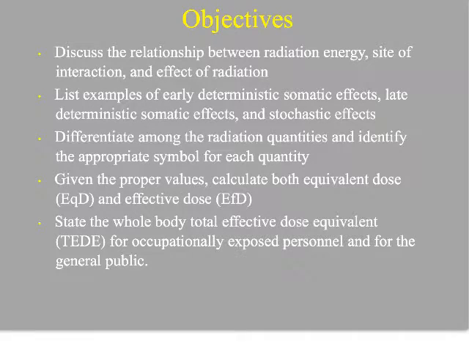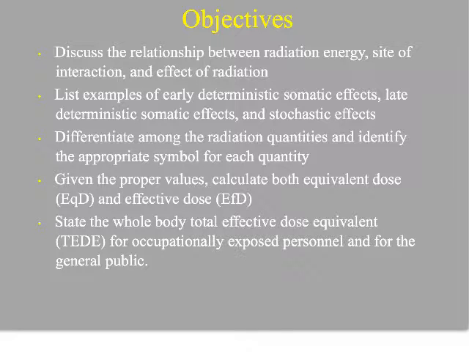So here's our objectives. We're going to talk about relationships between radiant energy and the site of interaction, which is going to be important. We'll talk just a little bit more about early deterministic effects, as well as late deterministic effects and stochastic effects. We're going to differentiate the different kinds of quantities and identify the appropriate symbol for each quantity.